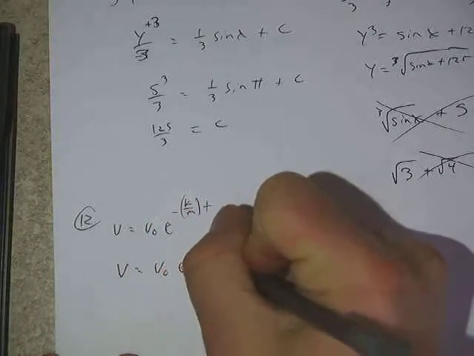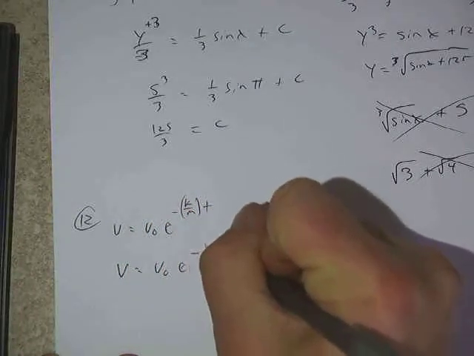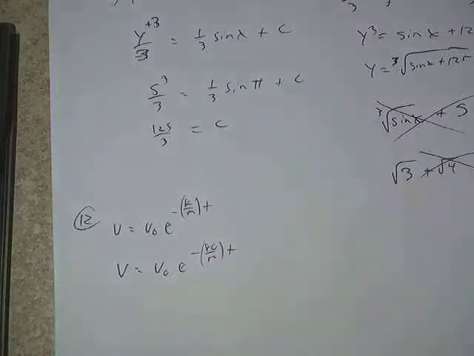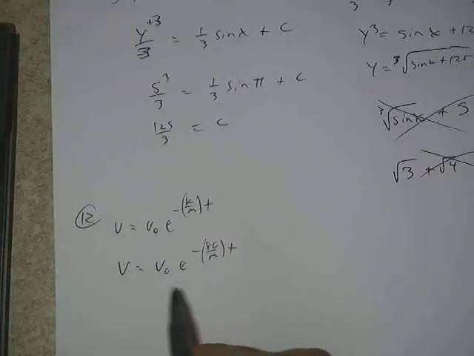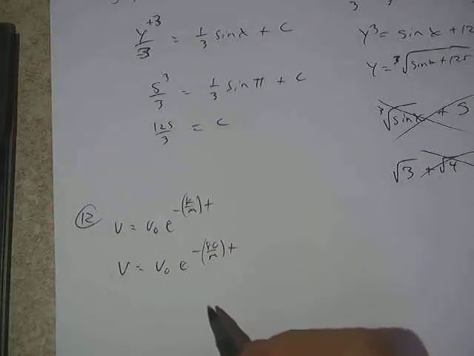All right, what else? Josh? Let's see, on 12 we have our equation that we're given here: v equals v sub 0 e to the negative k over m t. So ultimately this is a continuous change model of the sort that we've seen here.